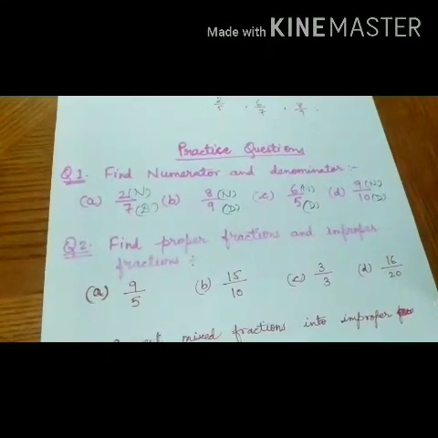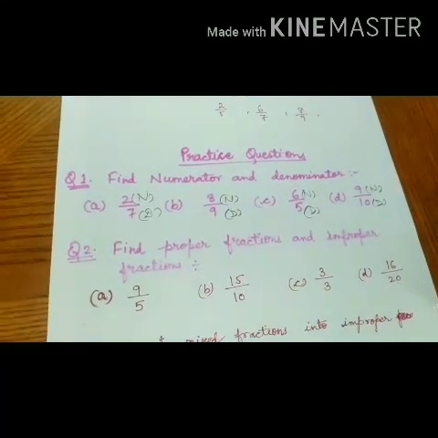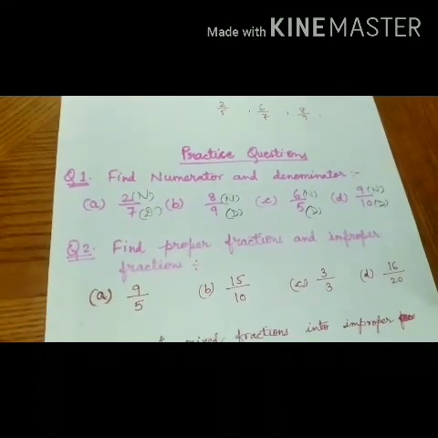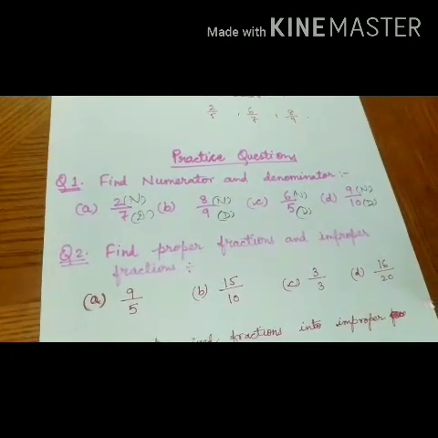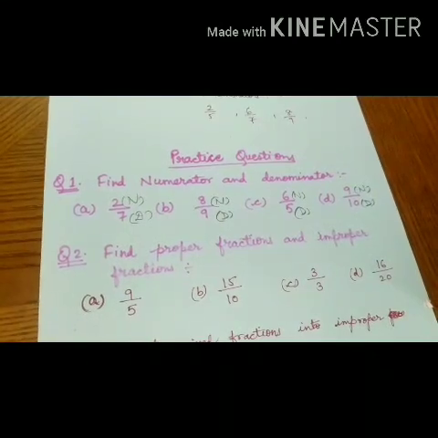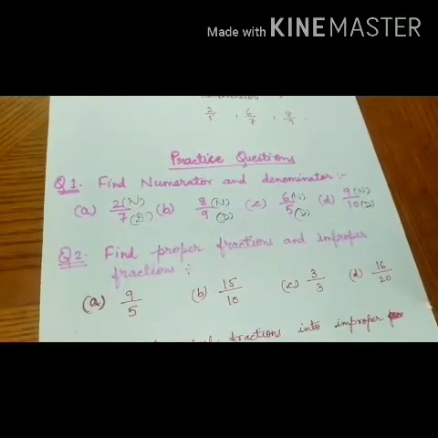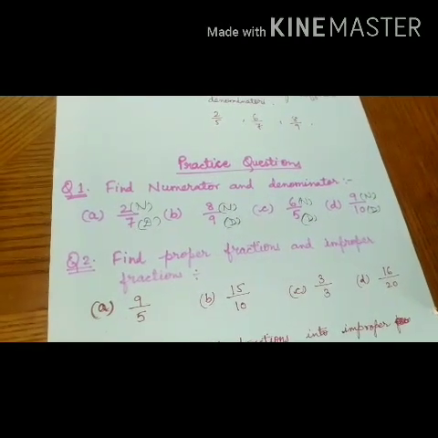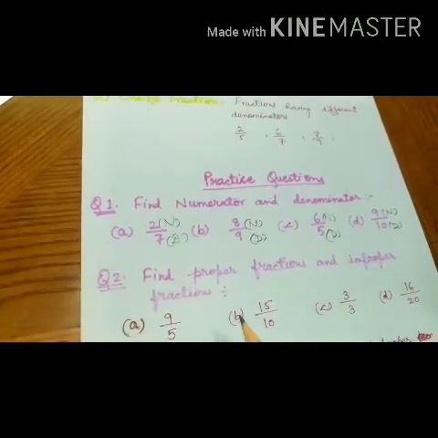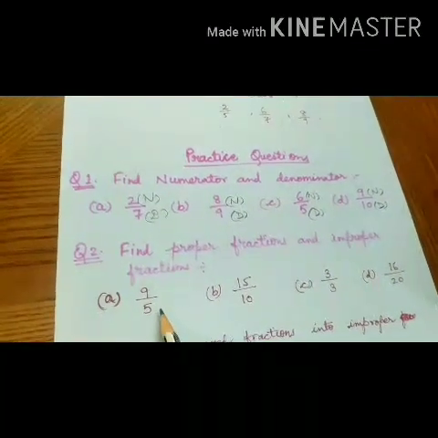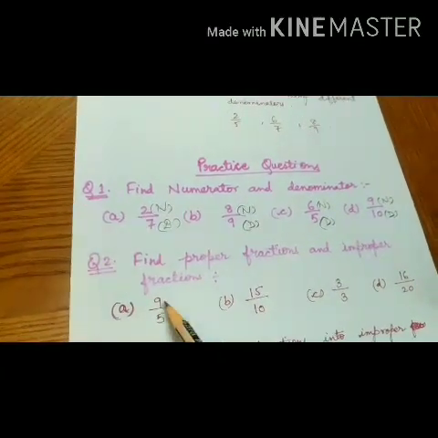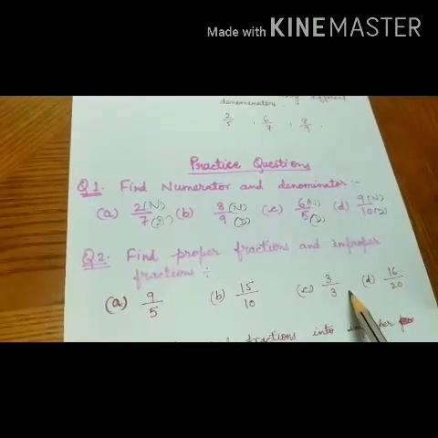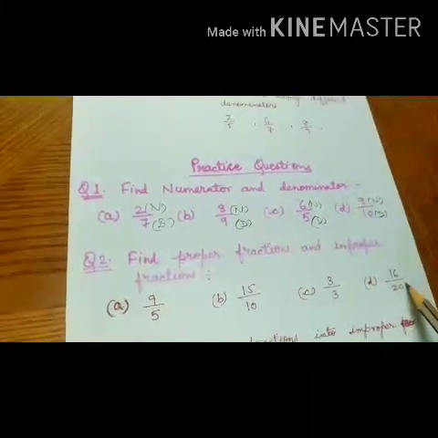Now see, it is find proper fraction and improper fraction. What is proper fraction? What is improper fraction? I have told you that in improper fraction the numerator is bigger than the denominator. So see first which denominator is bigger than the numerator. Is it? No. Is it? No. Is it? No. Is it? Yes.